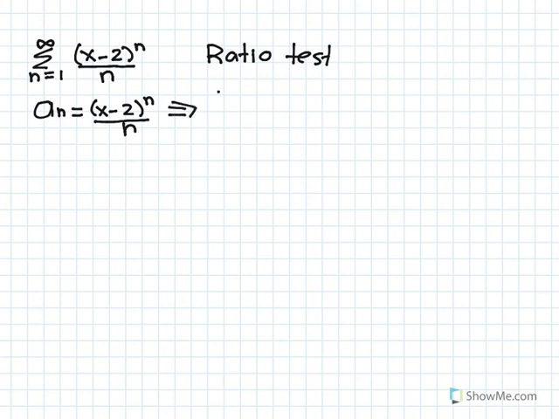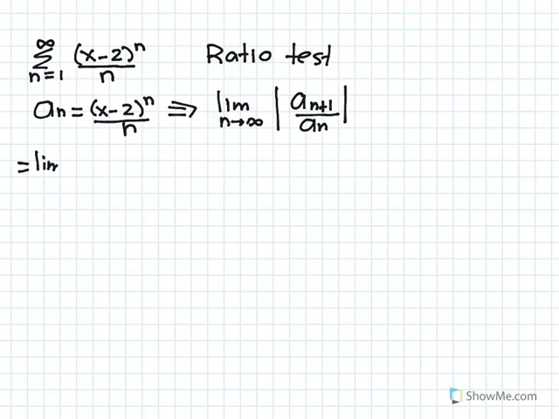So applying the ratio test, we have the limit as n approaches infinity of the absolute value of a sub n plus 1 divided by a sub n. Recall from the ratio test, if this ratio is less than 1, the series converges. So let's apply the ratio test.